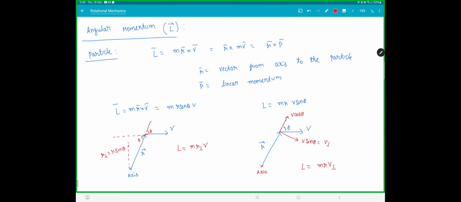And how do you get the direction? Again, the same way we did for torque. We'll assume r bar as a rod and see how the r bar rotates, clockwise or anti-clockwise, and then we use the right hand thumb rule. So this is the angular momentum for a particle.